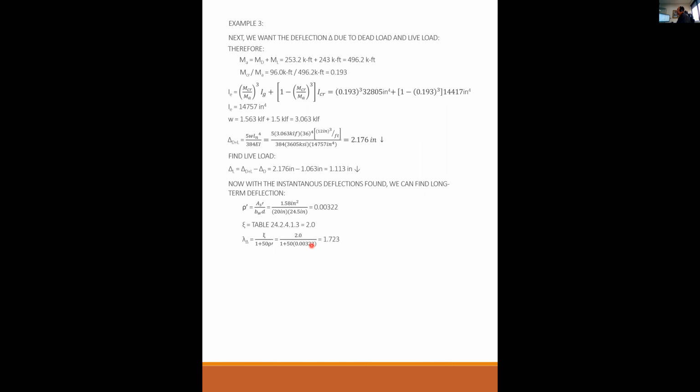Okay, so what is this saying in English? If I had no compression steel, then the long-term deflection would be twice the instantaneous. But because I do have some compression steel, the long-term deflection is only 1.723 instead of 2 times the instantaneous deflection.